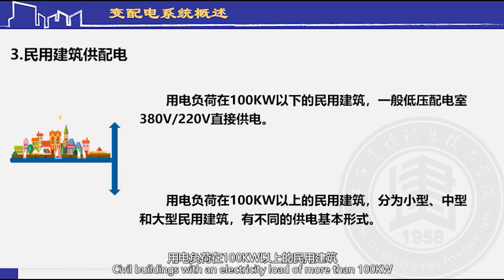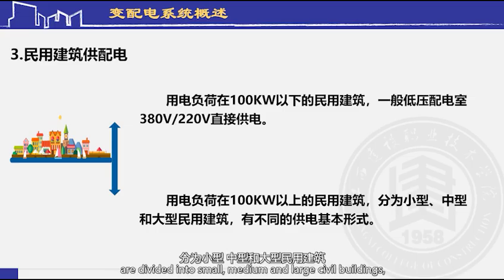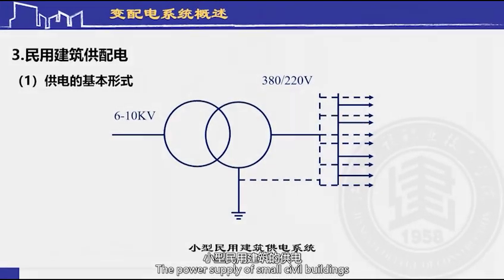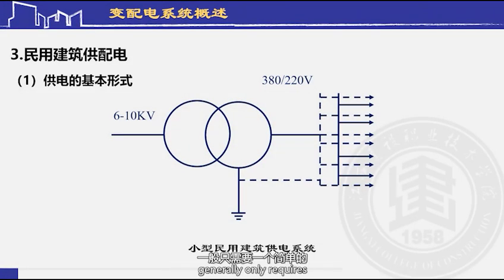Civil buildings with an electricity load of more than 100 kilowatts are divided into small, medium, and large civil buildings with different basic forms of power supply. The power supply of small civil buildings generally only requires a simple 6 to 10 kV step-down substation.